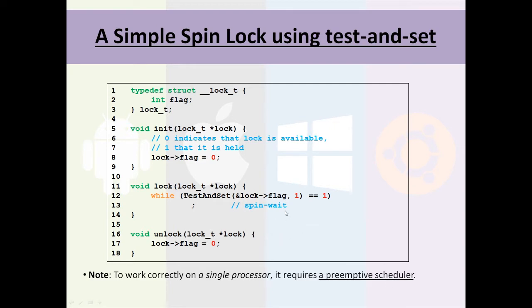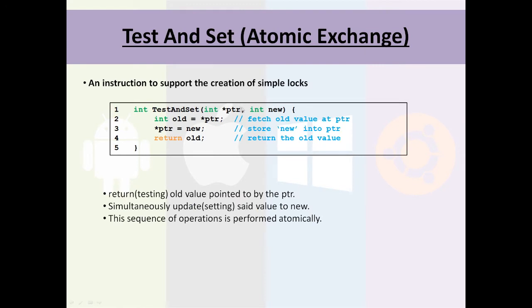Just a quick example: hypothetically, say that the lock is not currently held. So our flag variable is currently 0. The lock flag address will be a pointer to this one here, which is 0. Inside, old is equal to 0.